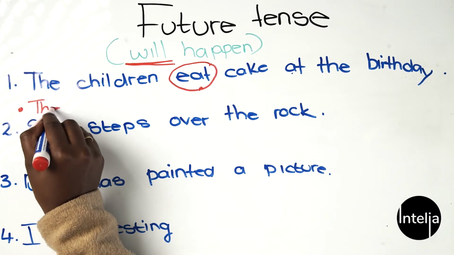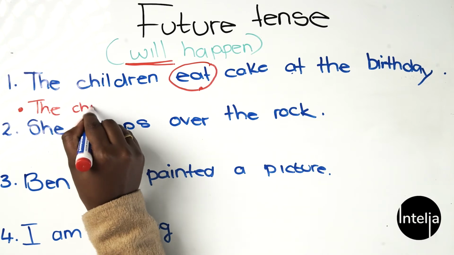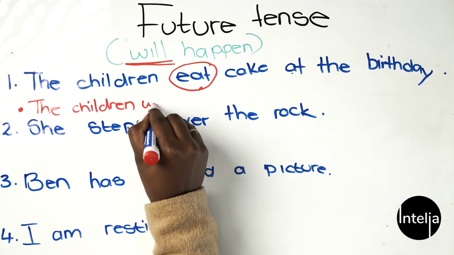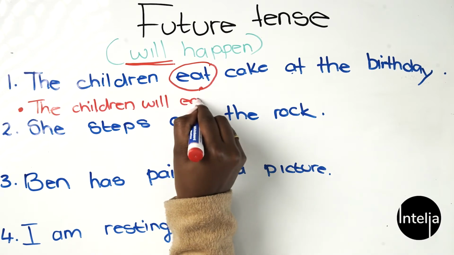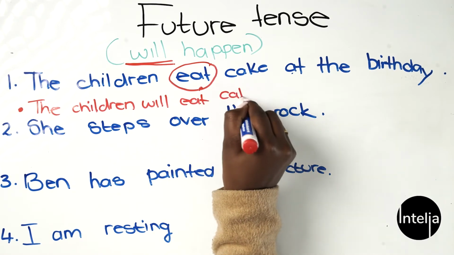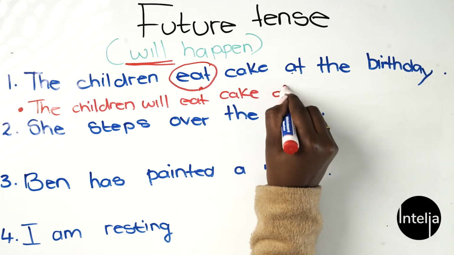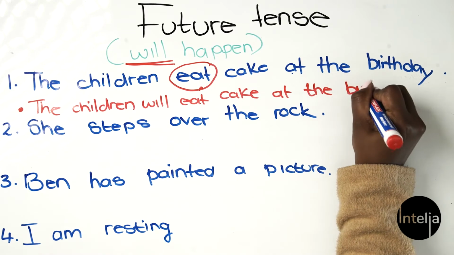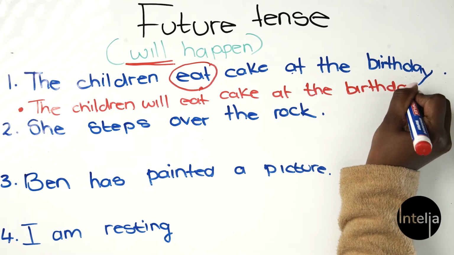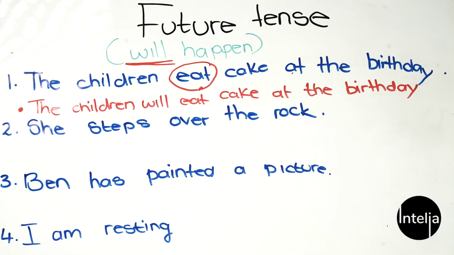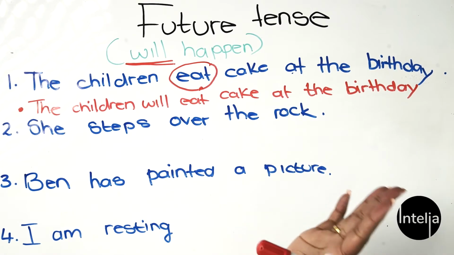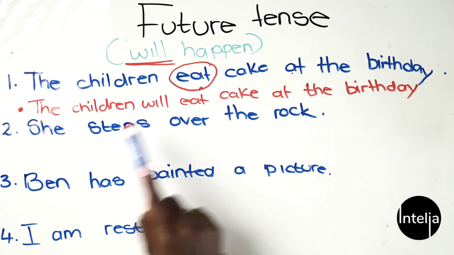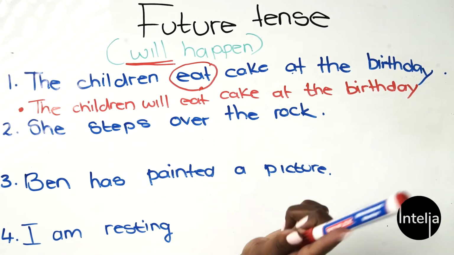The children will eat cake at the birthday. So, we have now changed our sentence from present into future. The children eat cake at the birthday. The children will eat cake at the birthday.